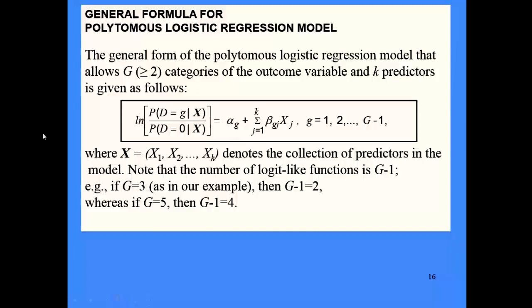Now, if you think about this, G is the number of categories. If G is 3, what's G minus 1? 2, right? So that means you're going to have two versions of this model, just like we had here.